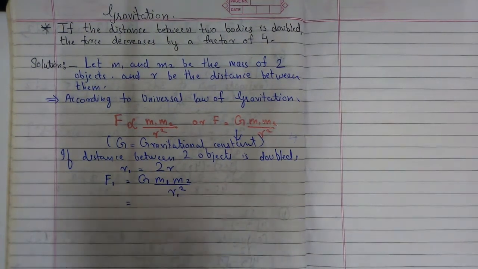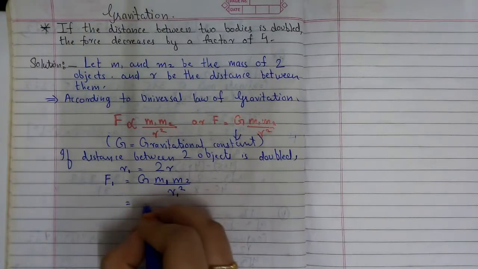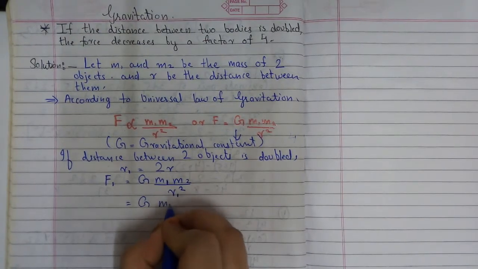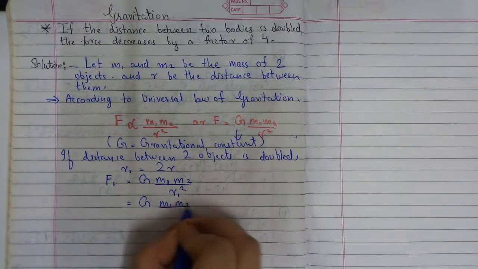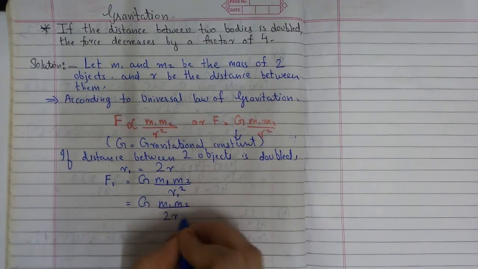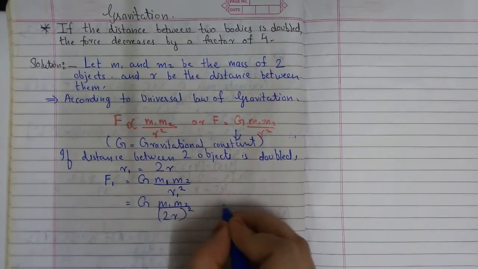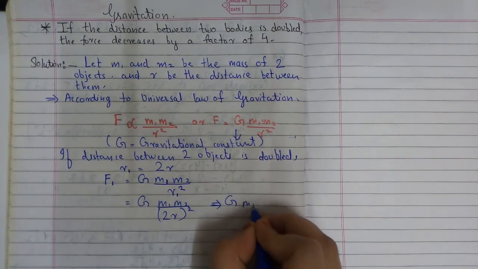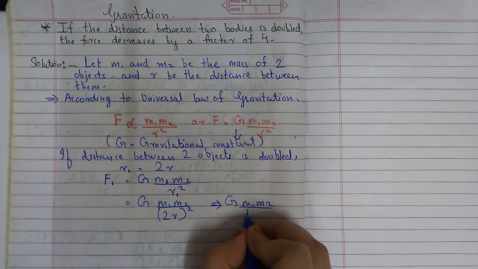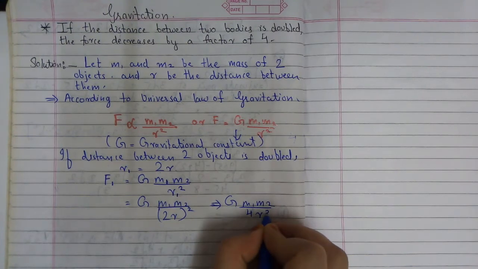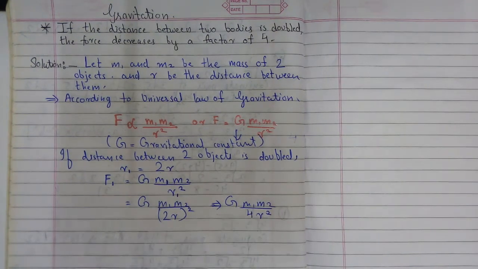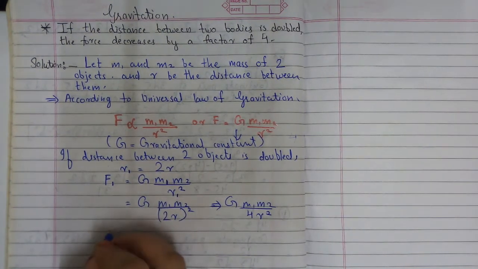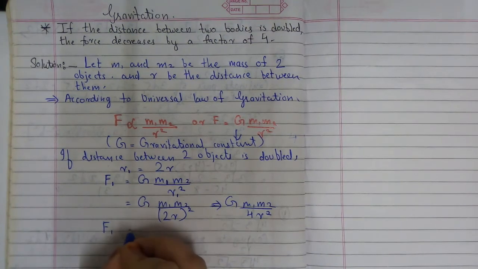Now let's put the value, G will be constant, we will not change the value of G. Okay, r1 square is (2r) square. So this will be equal to G m1 m2 upon 4r square.